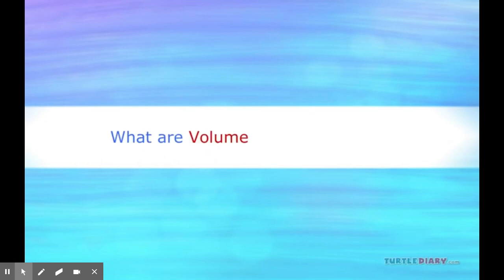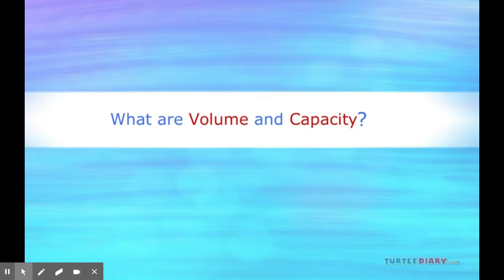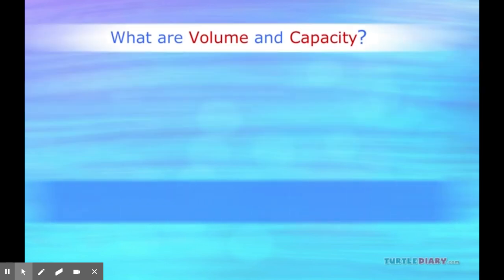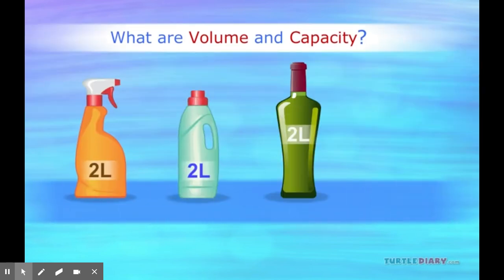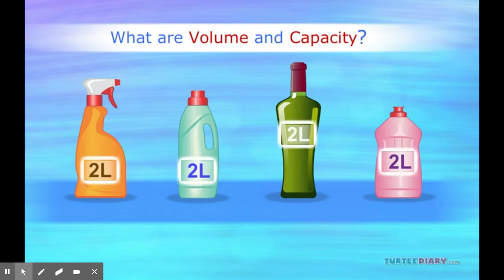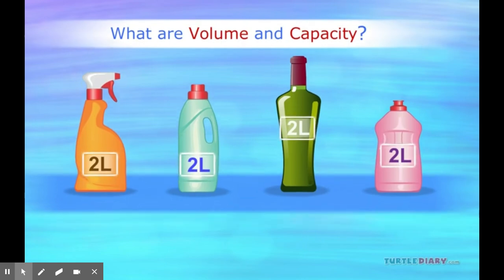What are volume and capacity? Look at the following bottles. They all look different. They have different shapes, different heights, different colors, and different liquids inside. But they have one common property. The amounts of liquids inside the bottles are the same.